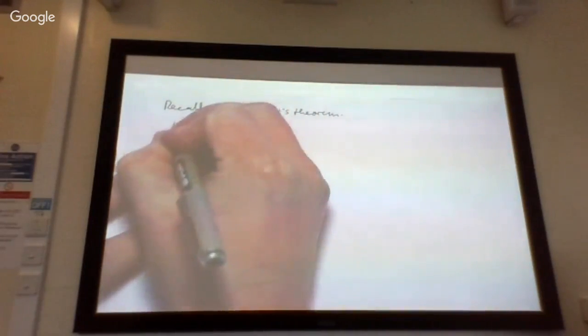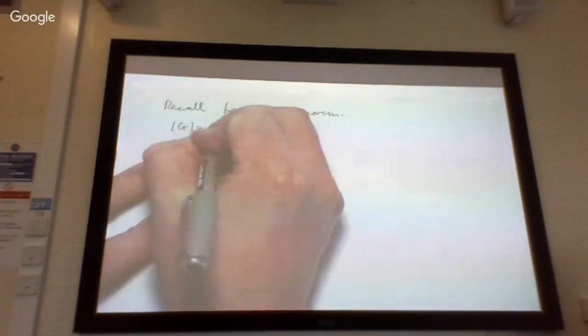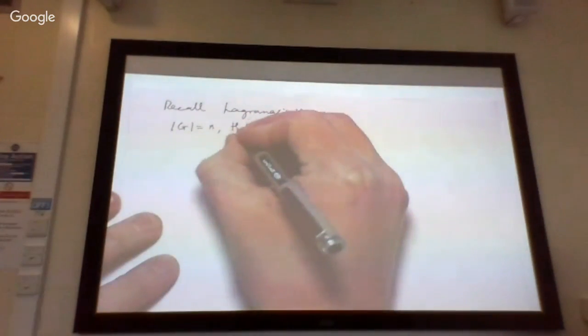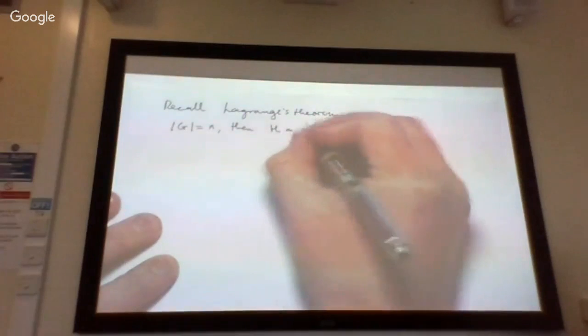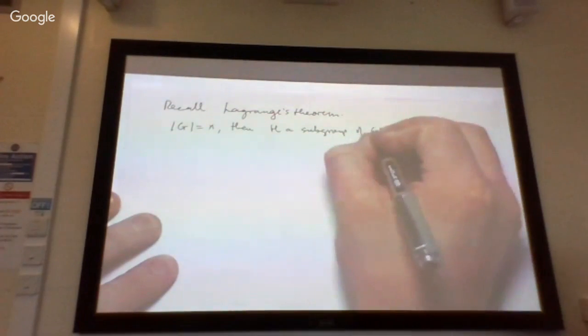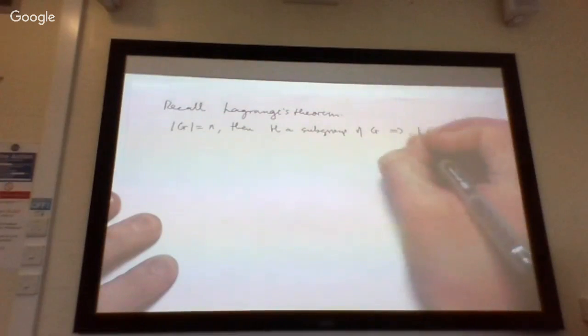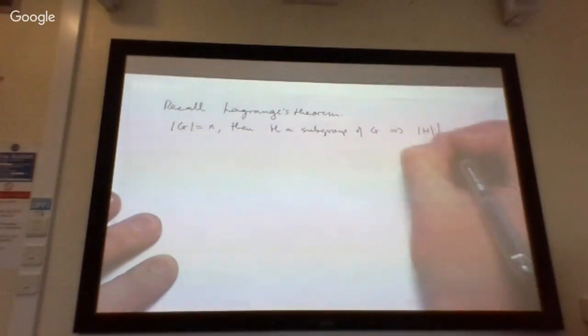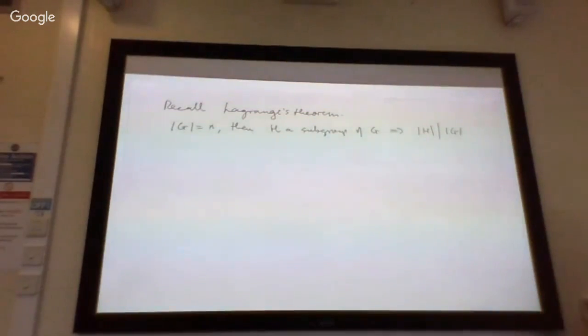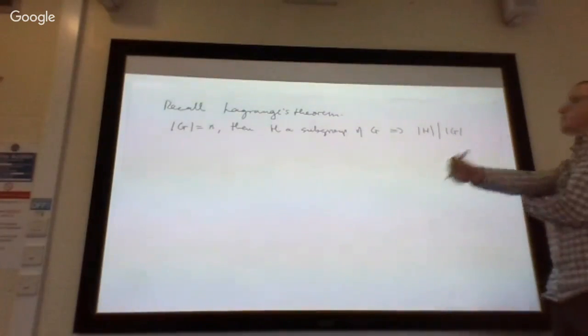Which said if a group G was finite, if it had order n, then H a subgroup of G implies that the order of H divides the order of G. It's basically what Lagrange's theorem said.